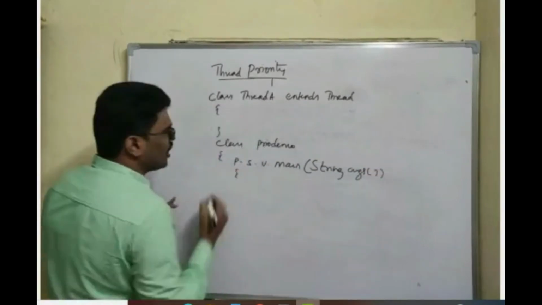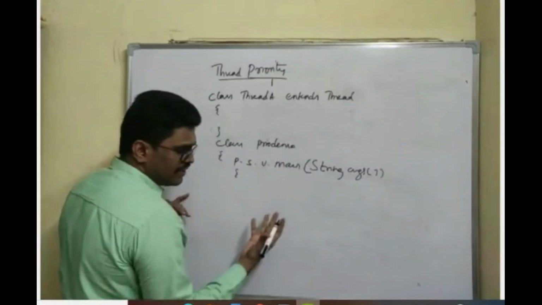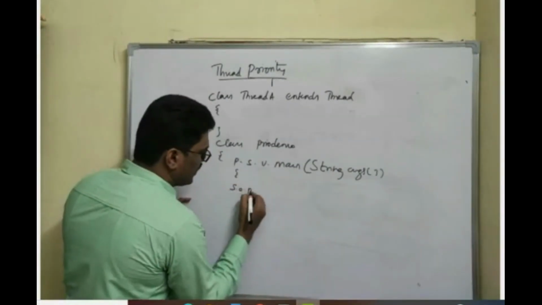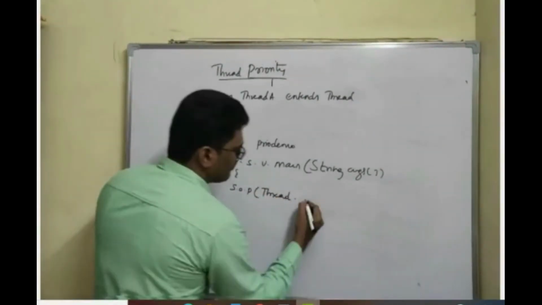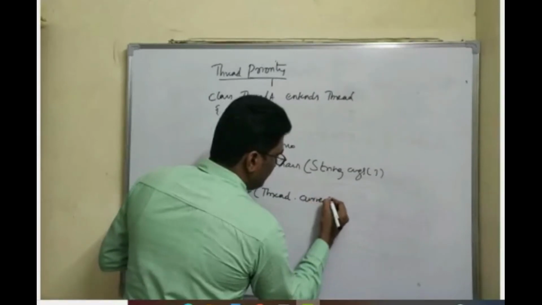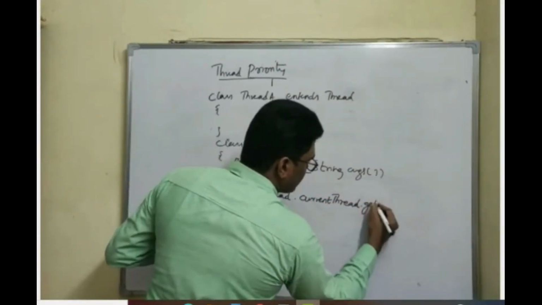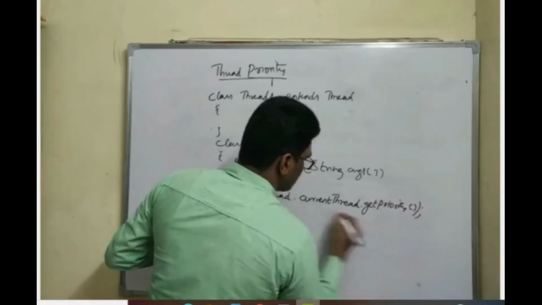Now, how to get the priority of the main thread? As I told you, use getPriority. System.out.println, Thread.currentThread().getPriority(). For the main thread you have to use this method.